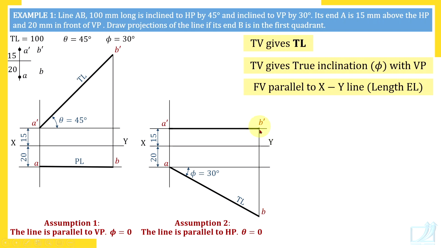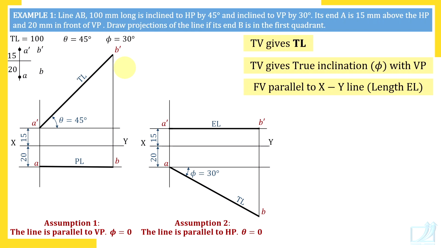B and B dash must be on a vertical line, that is on a single projector. So A dash B dash is a front view and its length is less than true length. So we should label it as EL. EL means elevation length. E for elevation. And what do you mean by elevation? Front view.